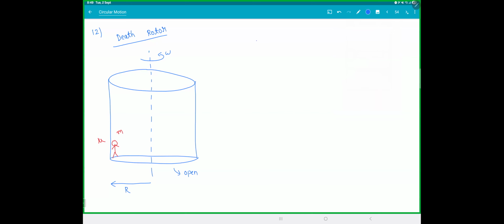So the question is this: a person stands with his back touching the rotating rough cylinder. The cylinder has a friction mu, of radius r.